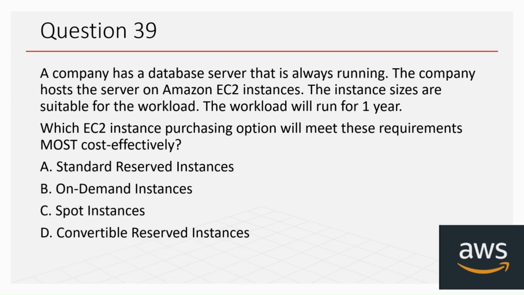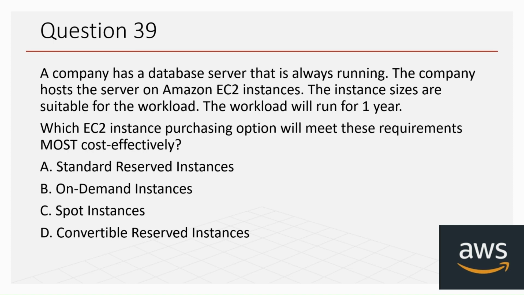Now let's look into the next question, which is question number 39. A company has a database server that is always running. The company hosts the server on Amazon EC2 instances. The instance sizes are suitable for the workload. The workload will run for 1 year. Which EC2 instance purchasing option will meet these requirements most cost effectively?